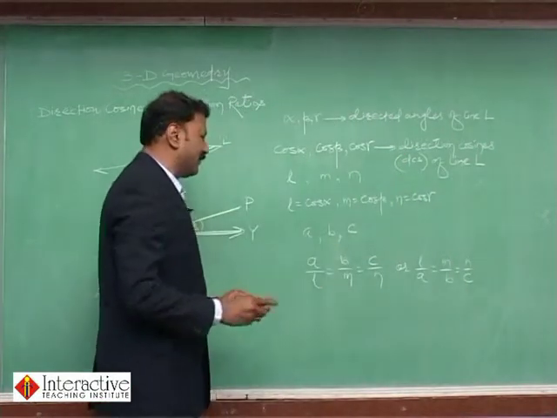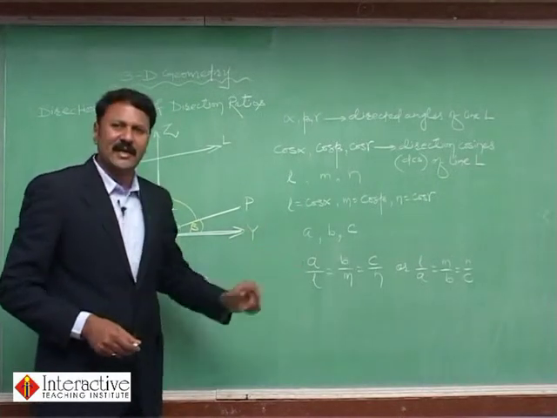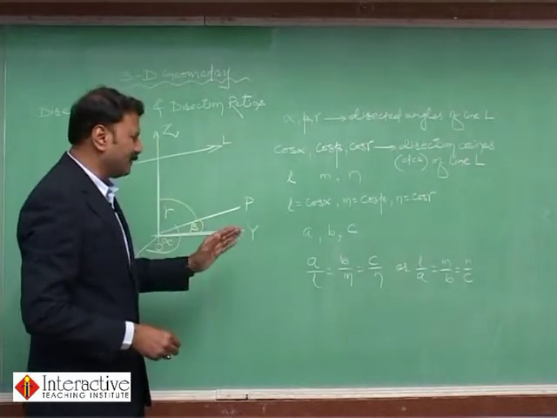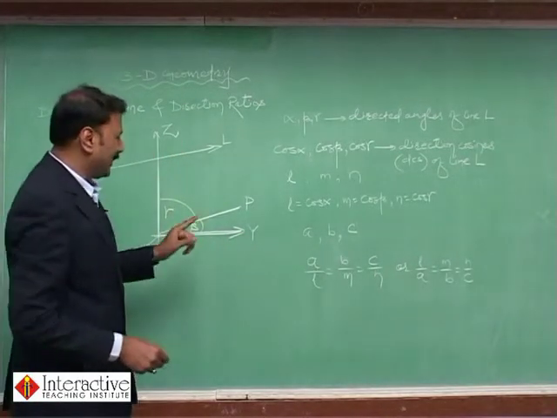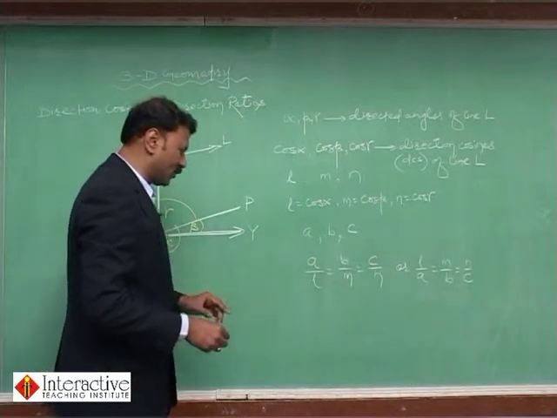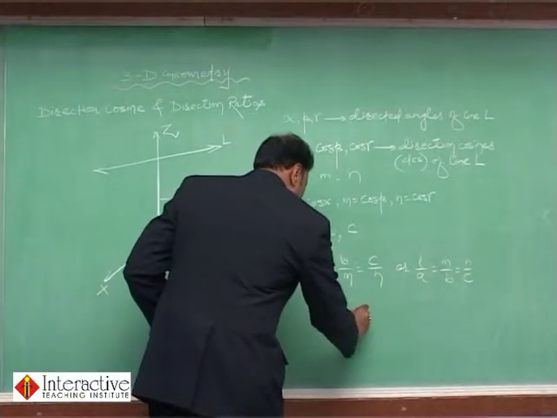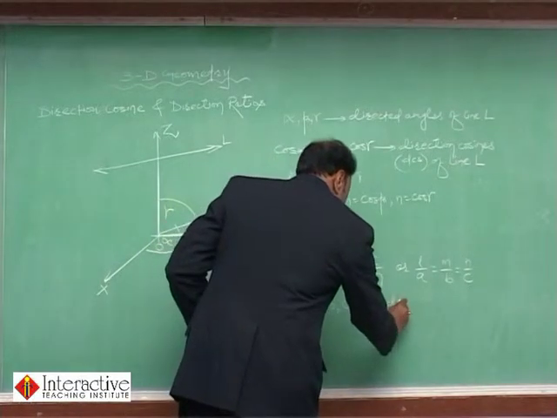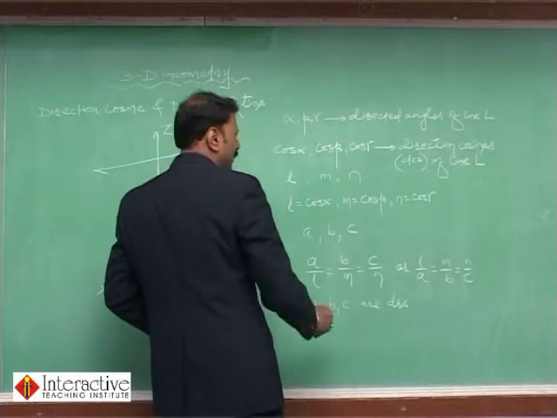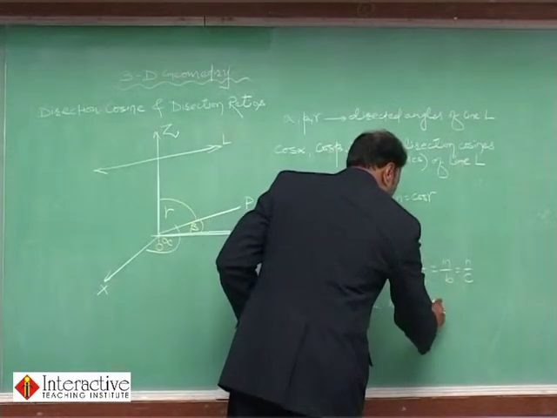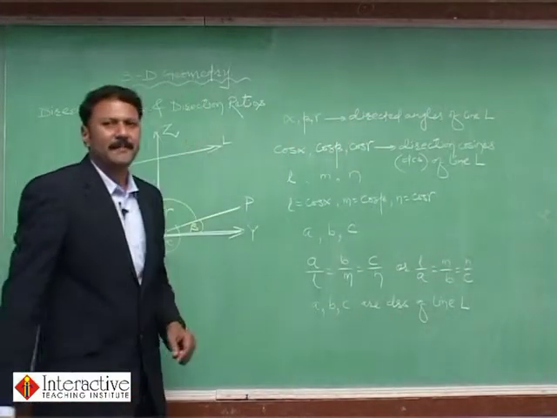If that happens, then a, b, c will be called direction ratios of line L. In short, we write them as DRs.